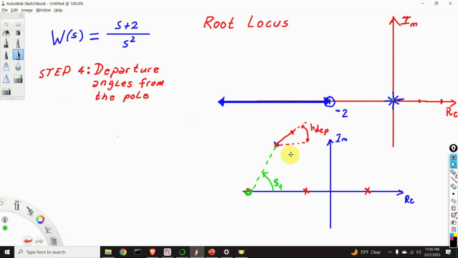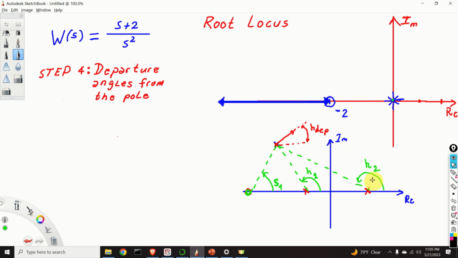On the other hand, let us introduce the angles for the poles. Here's the angle H1, and I have another angle. This angle is H2.